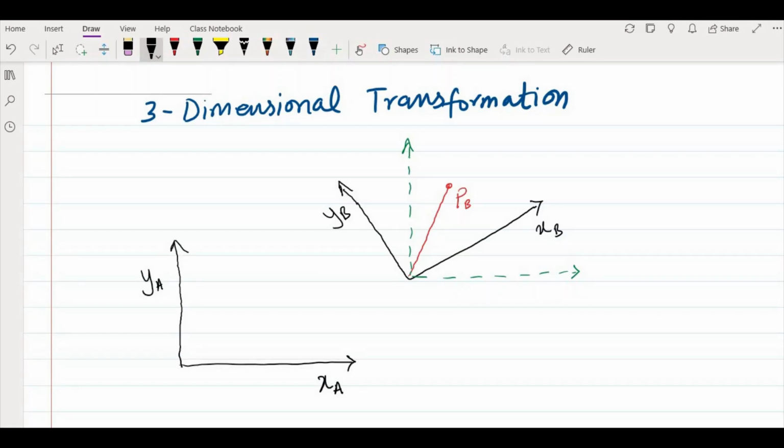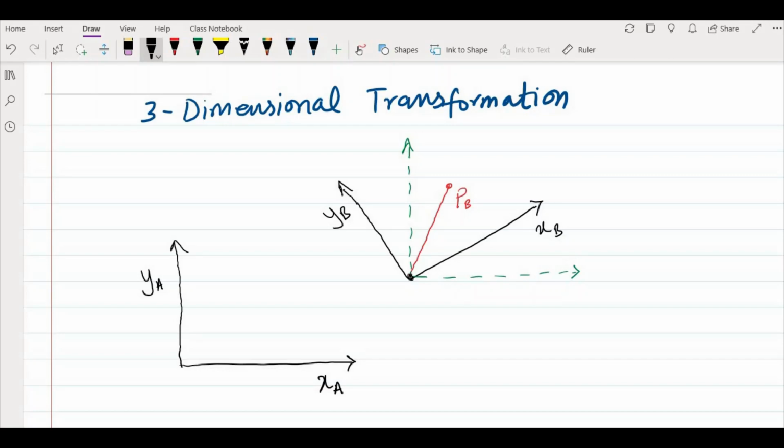So now this frame is translated and placed at the same origin where frame B is. So this green frame is a copy of your frame A, which is translated, but there is no rotation as yet.